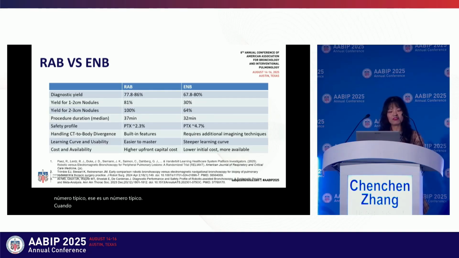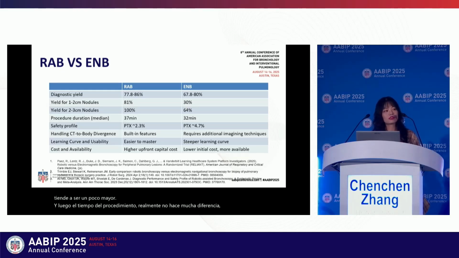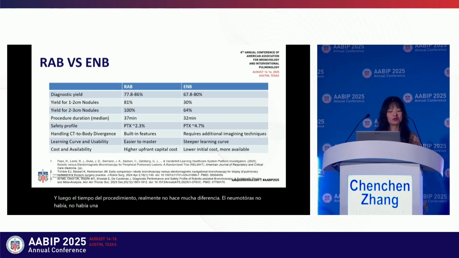And if it's a smaller nodule, the yield tends to be a little bit lower, and if it gets to 2 to 3 centimeters, the yield tends to be a little bit higher. The procedure time doesn't really make a whole lot of difference. For pneumothorax, there was not a direct comparison, but the rate seems to be a little bit lower with robotic-assisted bronchoscopy.